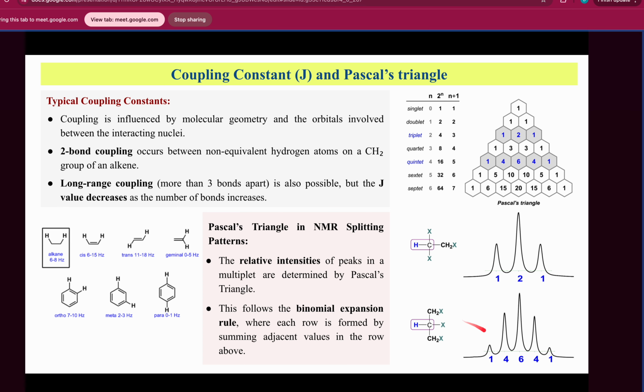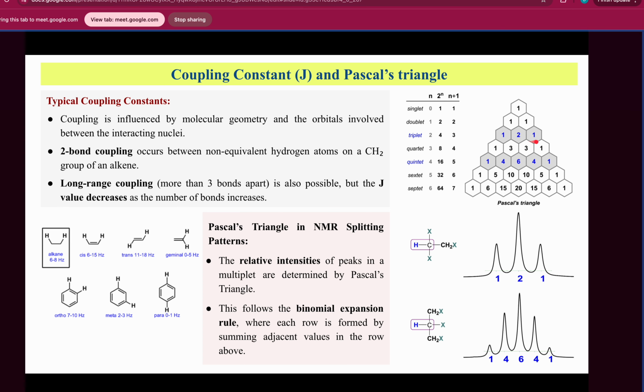For example, if there are four peaks, then the ratio will be 1 is to 3 is to 3 is to 1. If there are five peaks, then the ratio will be 1 is to 4 is to 6 is to 4 is to 1. And the way this Pascal triangle is built depends on summing up the adjacent values. So for example, from here 1 is coming. This particular box will also have a value of 1 because there is nothing adjacent to it. Similarly, this will also have a value of 1.